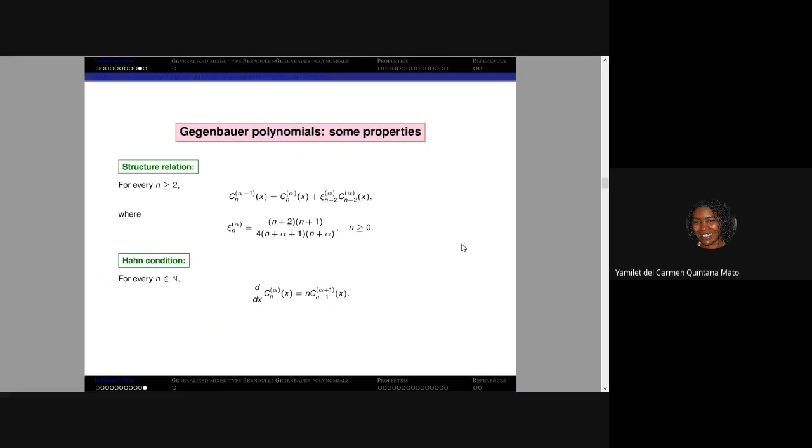Remember, the Hahn condition tells us that the derivative of a Gegenbauer polynomial is another Gegenbauer polynomial of the parameter increased by one and degree decreased by 1 unit.